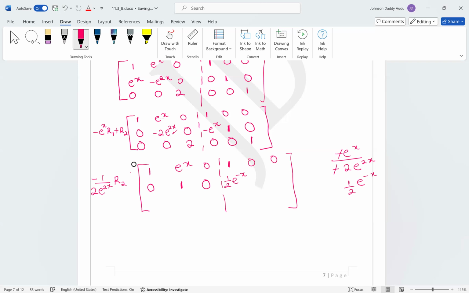And then here, when you divide, this also will become minus half e to the power minus 2x.